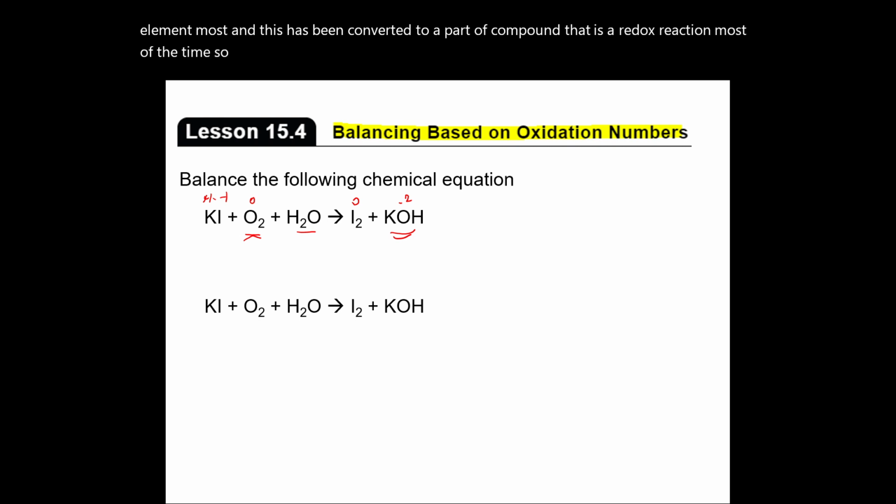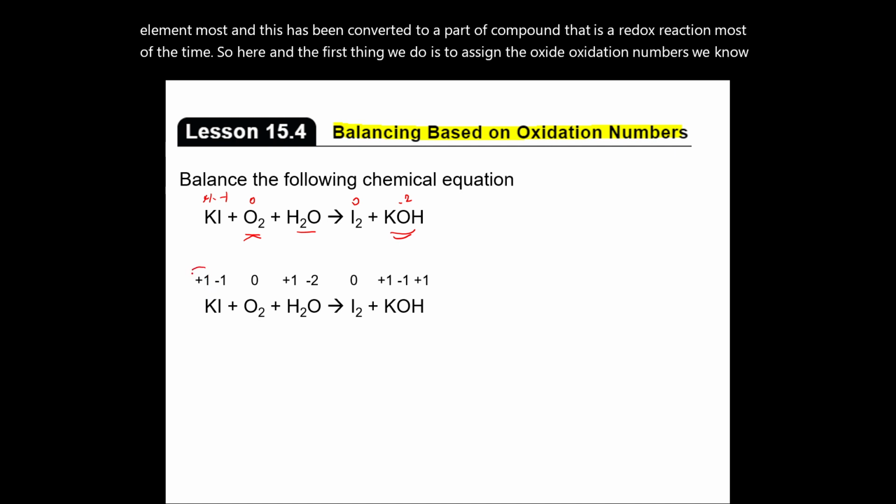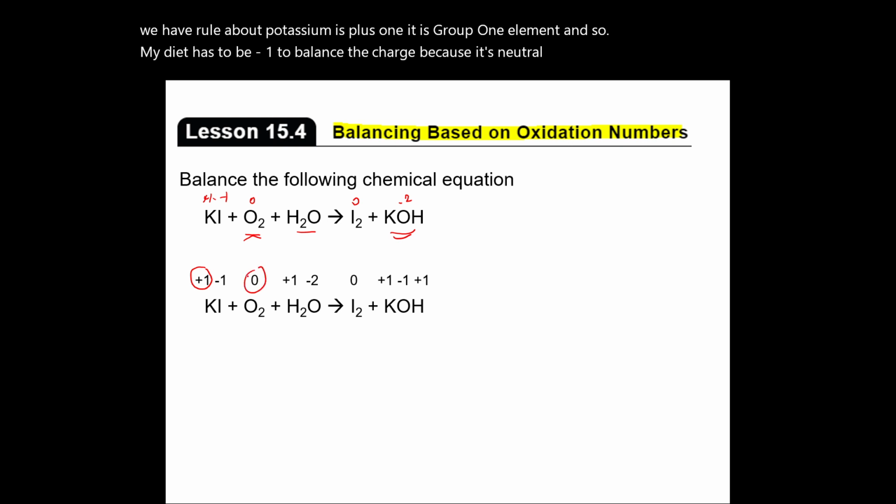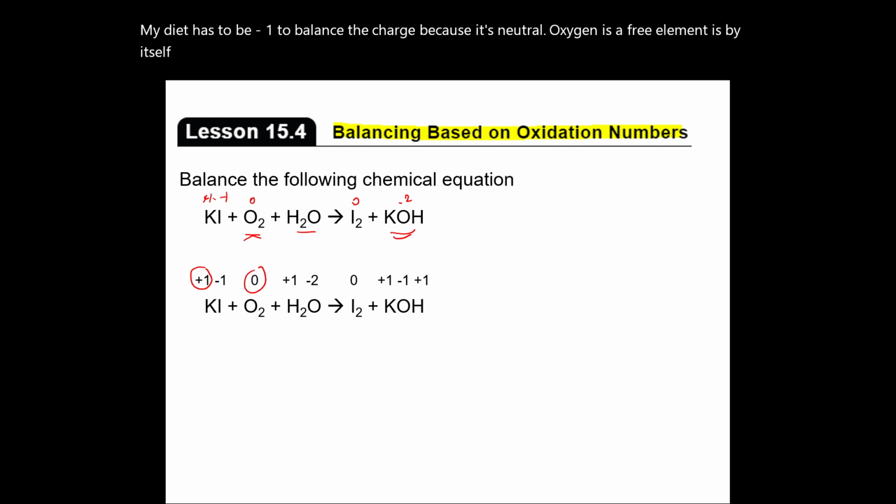So here, the first thing we do is to assign the oxidation numbers. We know we have a rule about potassium is +1. It is a group 1 element, and so iodide has to be -1 to balance the charge because it's neutral. Oxygen is a free element, is by itself, so it is 0.